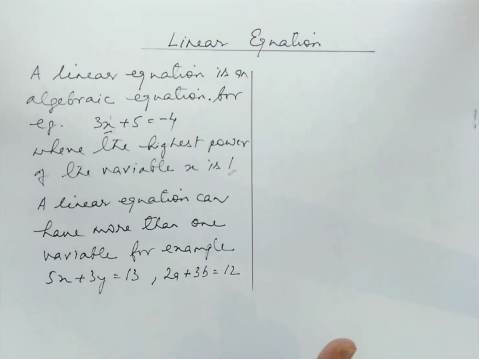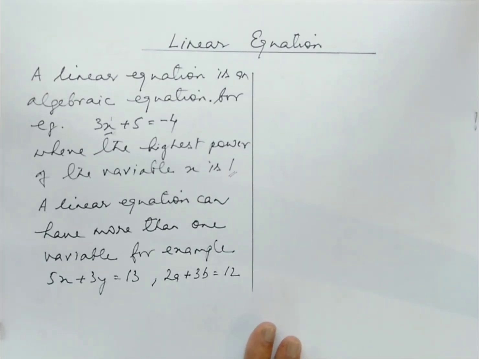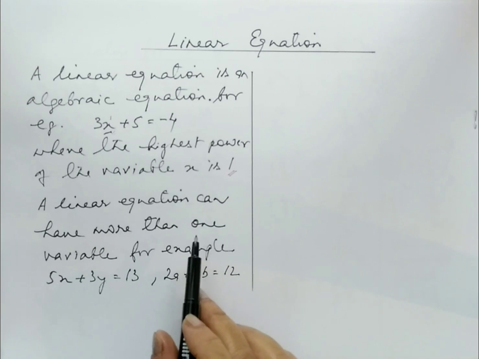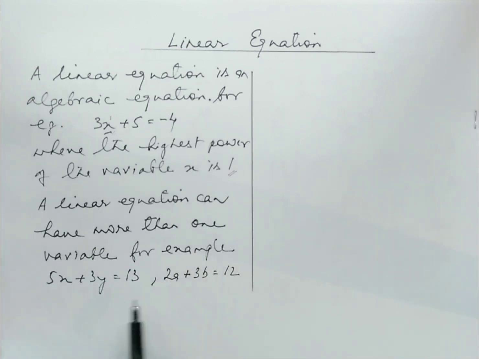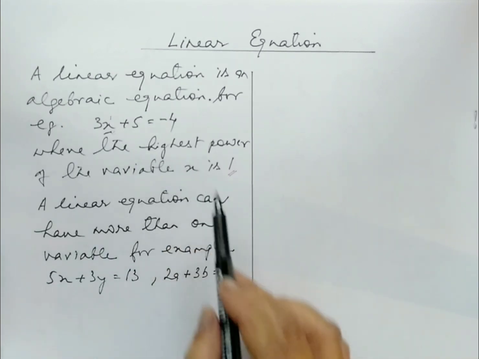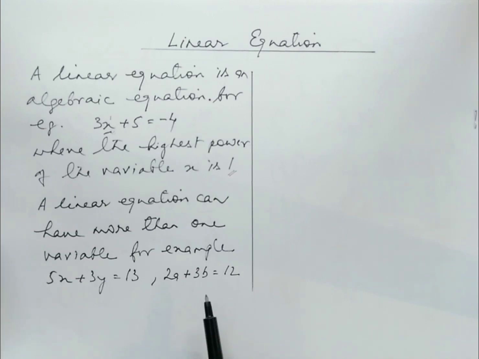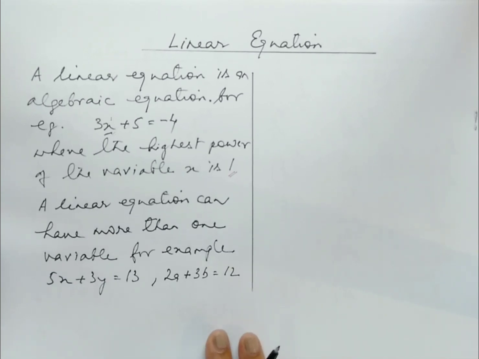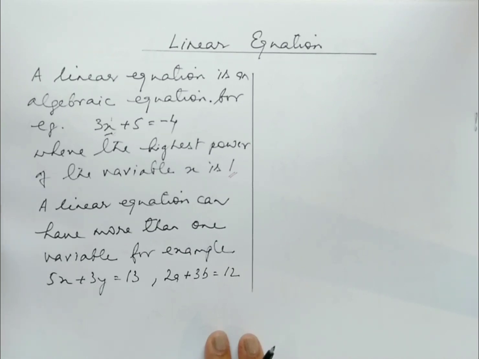So such things may come up as linear equations. These are the kinds of equations that you will have to register, known as linear equations. Now next we are moving on to transposition.